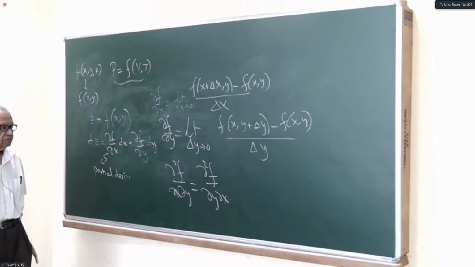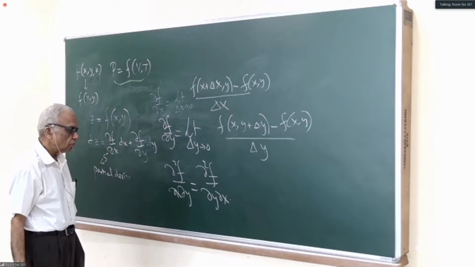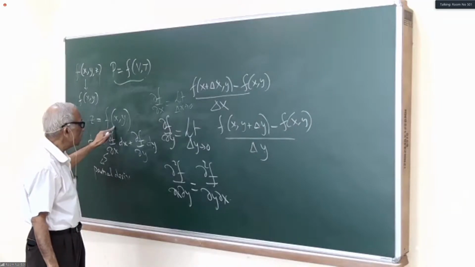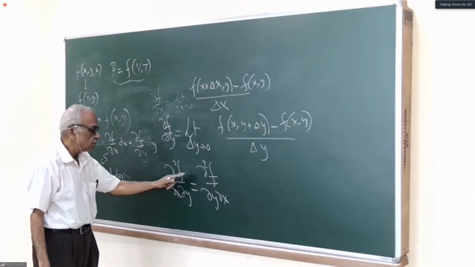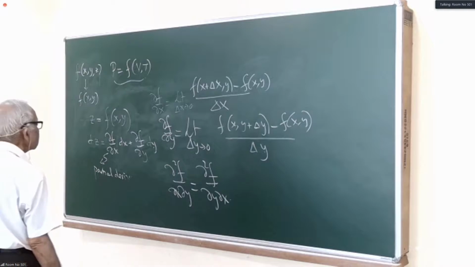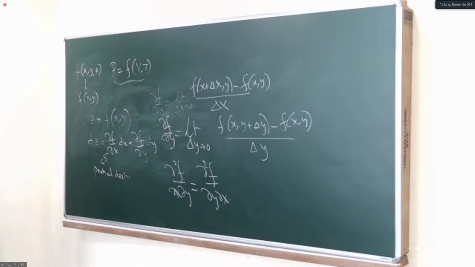Primarily, we will be working with situations where this result holds, where z can be written as f of x y, dz is equal to this, and therefore this partial. This, however, may not always hold. If this does not happen, then life is a bit more complicated.